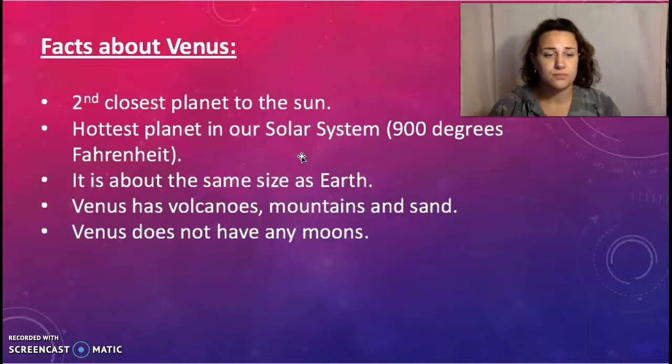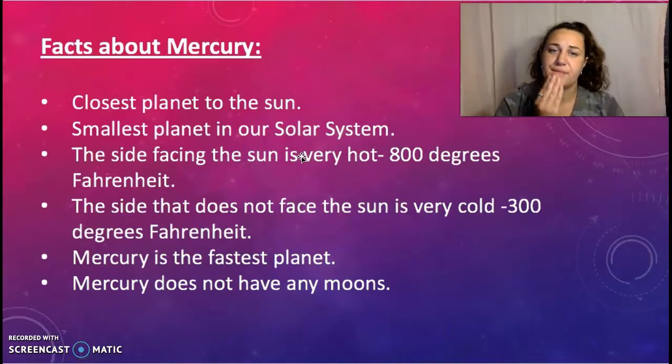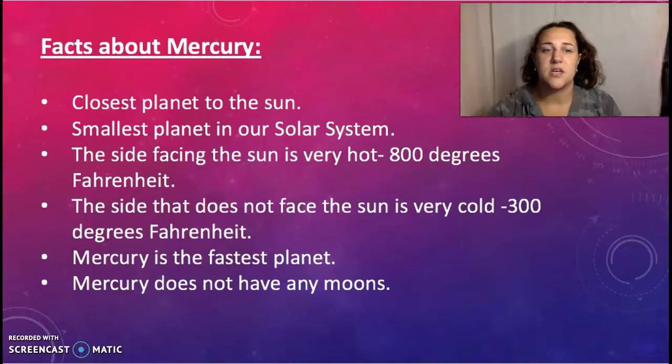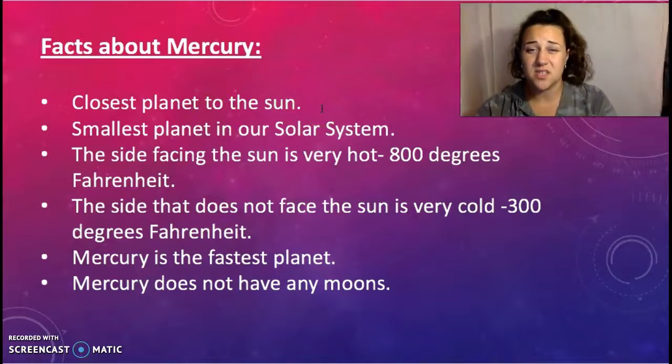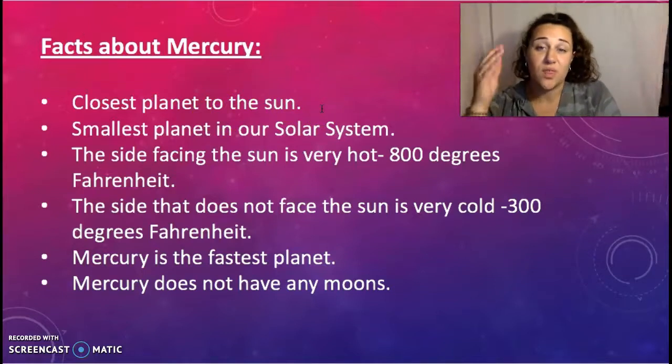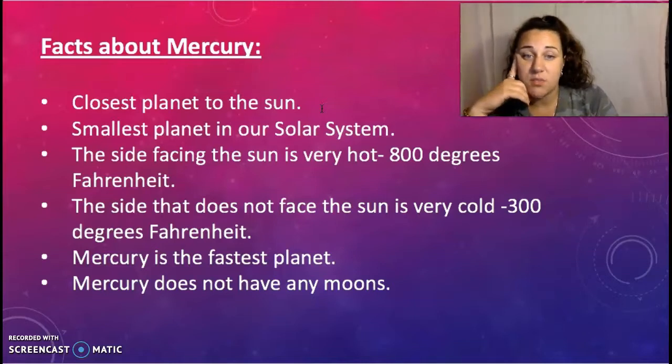So, let's go back. I see it is the closest planet to the sun. Well, was Venus the closest planet to the sun also? No, so that right there is a difference, friends. It is the smallest planet in our solar system.